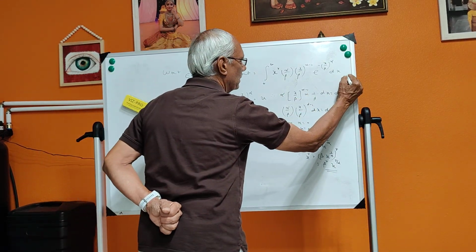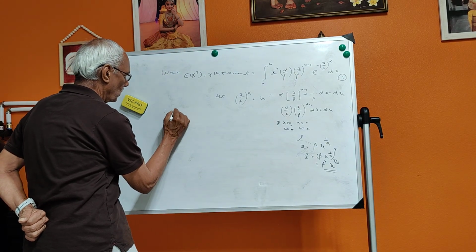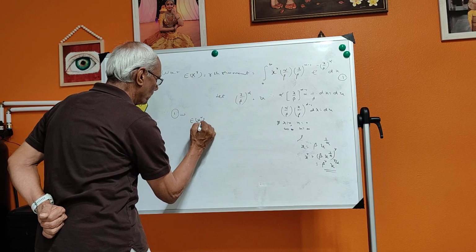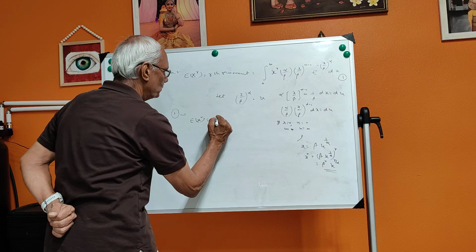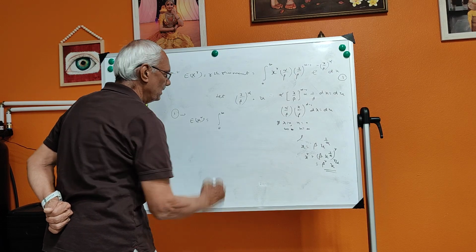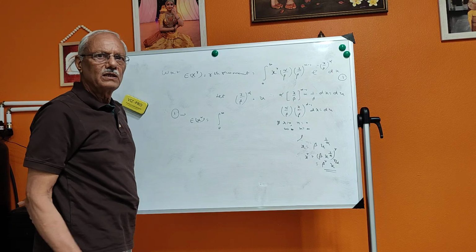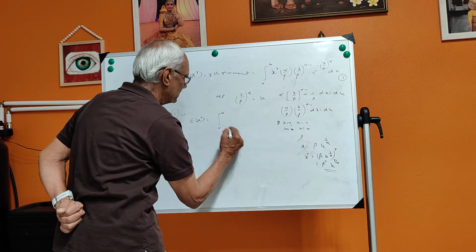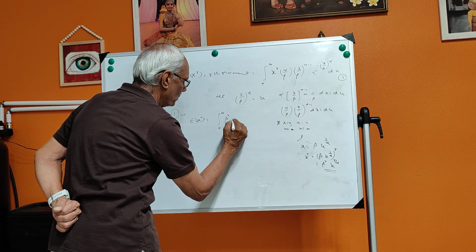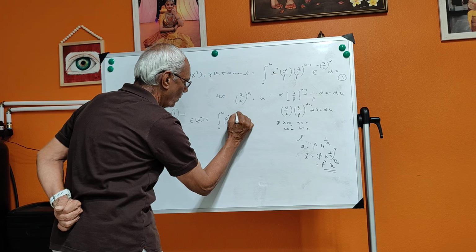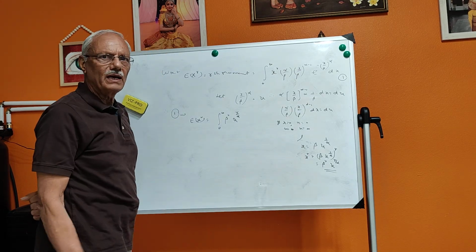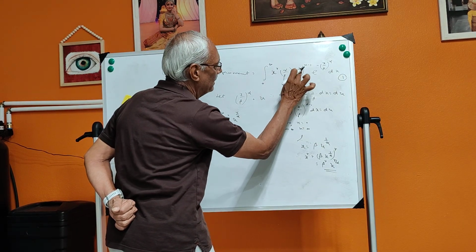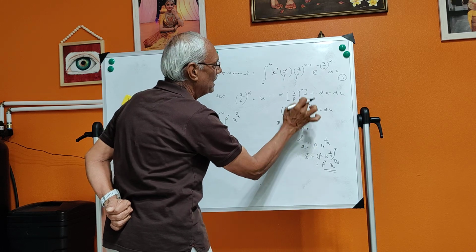Therefore, I will call this as 1. So 1 becomes E of x to the power of r is equal to, now substitute here, you will get 0 to infinity, because the limit for the change of variable u is also 0 to infinity, into x to the power of r, which is beta to the power of r, u to the power of r by alpha, into alpha by beta into (x by beta) to the power of alpha minus 1 into dx.